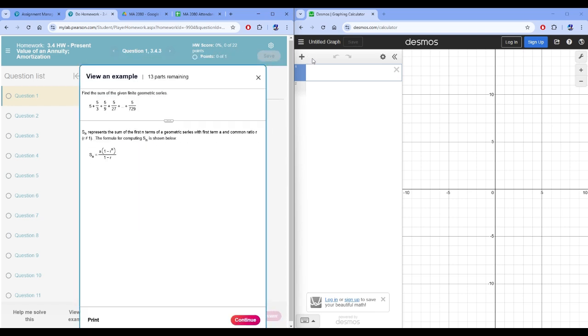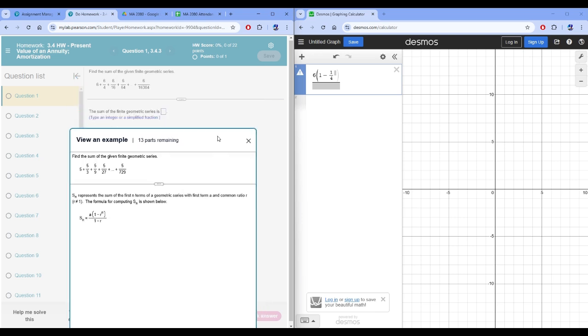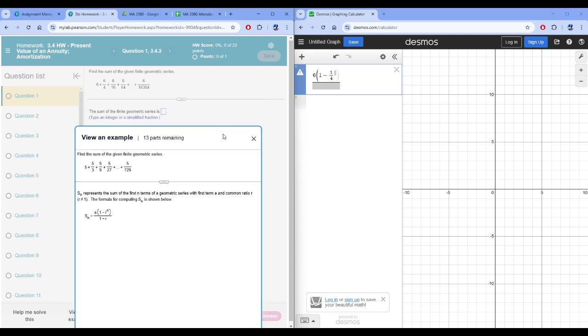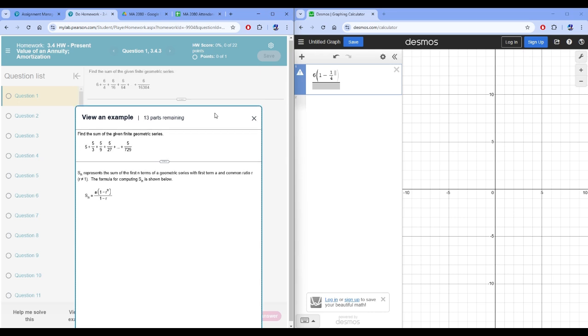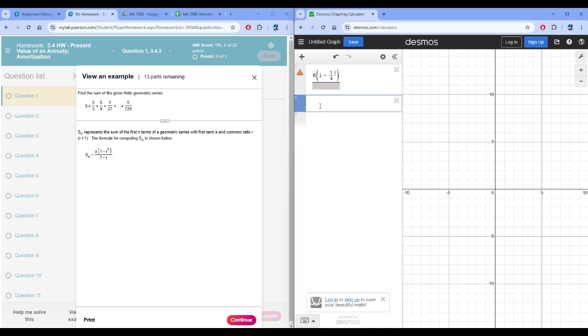Okay, so it's going to be equal to a fraction. Let's create the fraction. A is our first term, which is 6, times parentheses 1 minus the ratio, which we know is 1/4, raised to the n. Now, 16,384 is what power of 4?